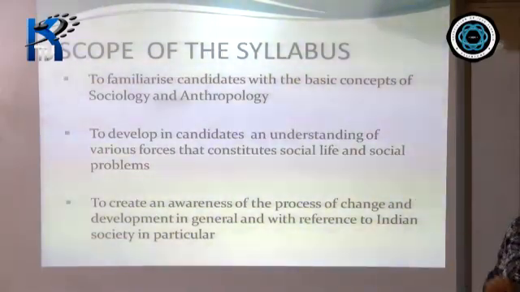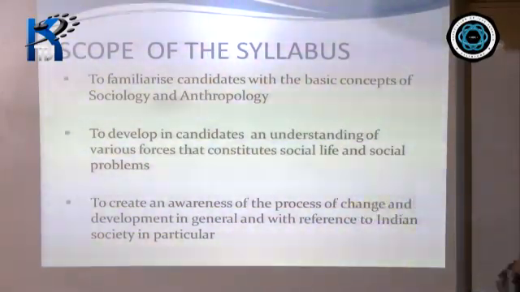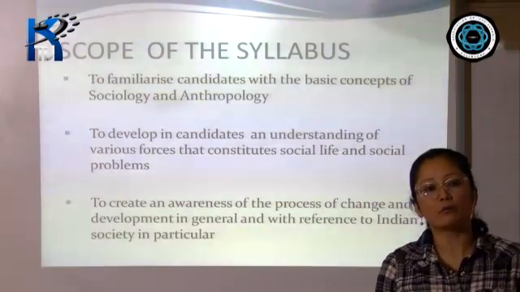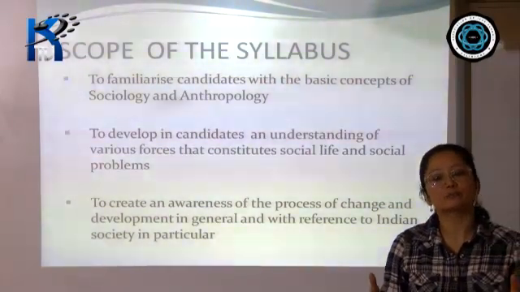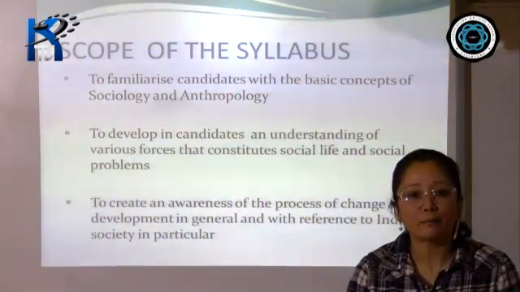Second is to develop in candidates an understanding of the various forces that constitute social life and social problems. Now, this is again very, very important because we all are going through the situation right now. We are facing a crisis which we had never ever thought about. So problems will keep coming.